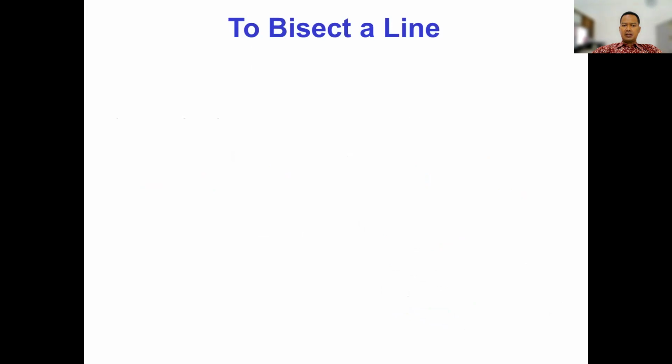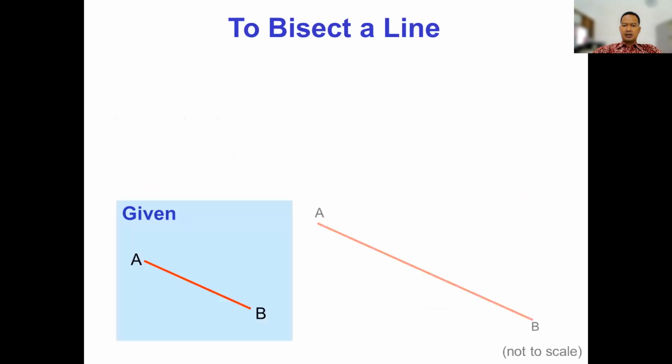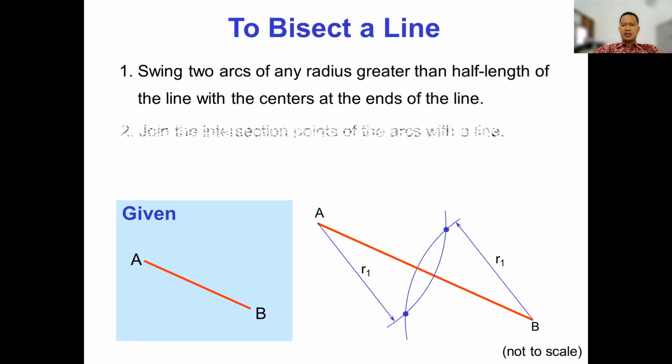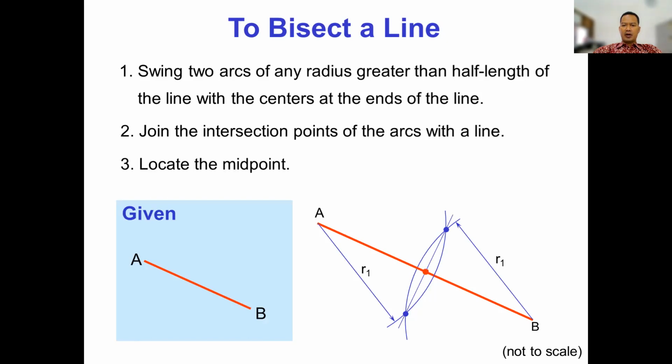To bisect a line, for example here R and B, swing two arcs of any radius greater than half the length of the line with the centers at the ends of the line, for example like this, and then join the intersection points of the arcs with a line. Locate the midpoint.